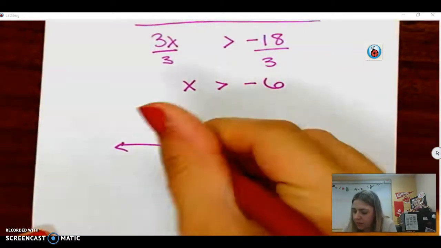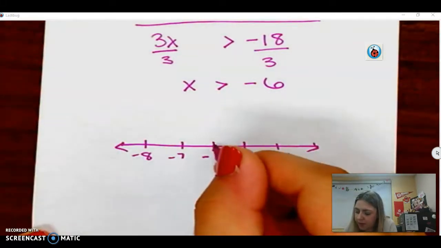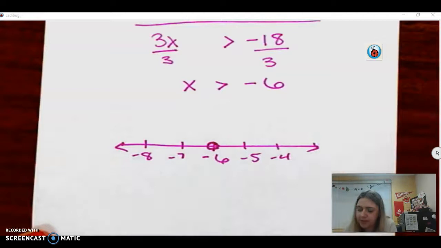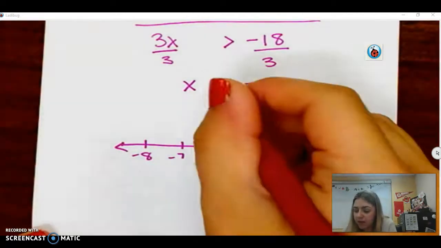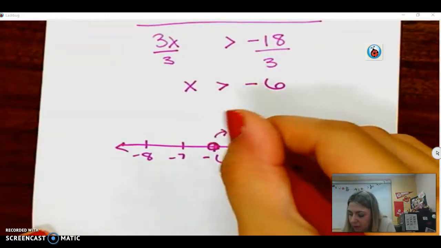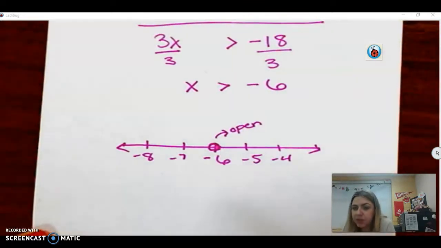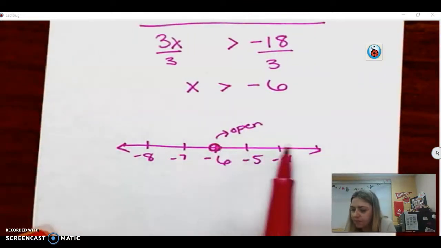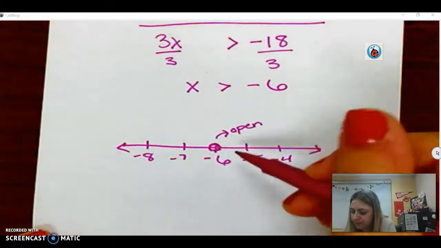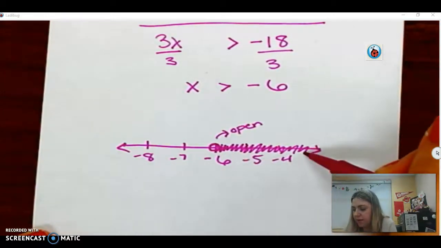So if I think about my values around it, I'm going to have a dot at negative 6, and is it closed or open? This inequality sign, I'm going to have an open dot. And then it's going to be shaded to the right. Okay, so all of these values are greater than negative 6.